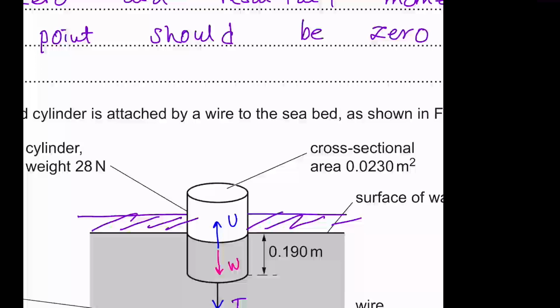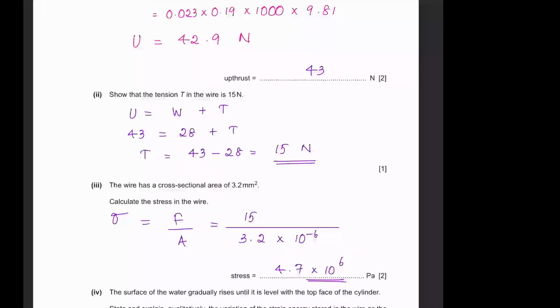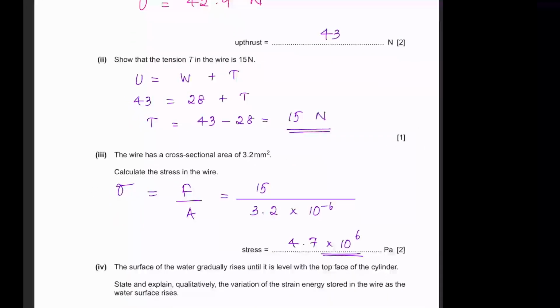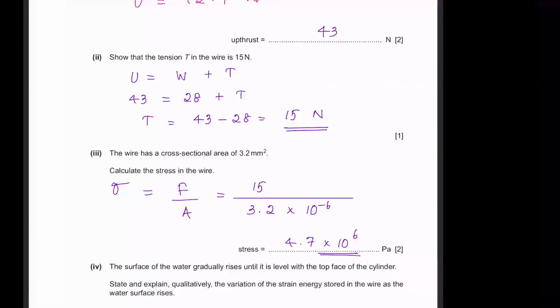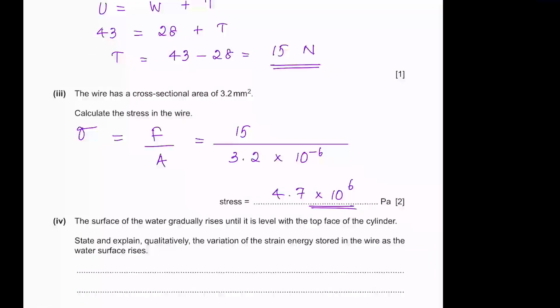So if the tension increases, what will happen to the energy stored in the wire? It will increase, because the strain energy stored in the wire is given by half F X. If the force in the wire is increasing, the strain energy will also increase. So, state and explain qualitatively: it will increase.